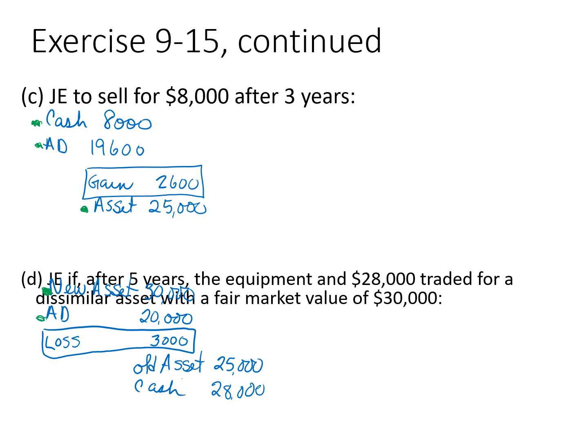I'm going to get rid of the old asset and its accumulated depreciation. I'm going to pay cash of $28,000, and now I say, what do I need to make this entry balance? I need a debit of $3,000. So because I need a debit, it will be a loss of $3,000.